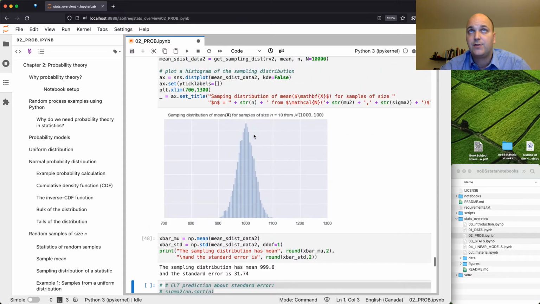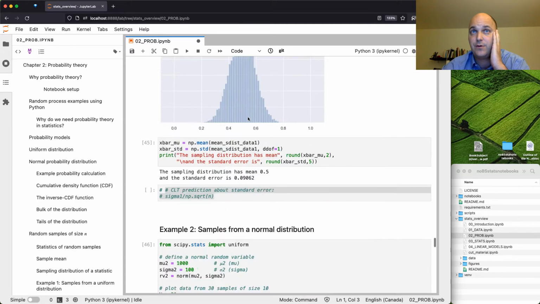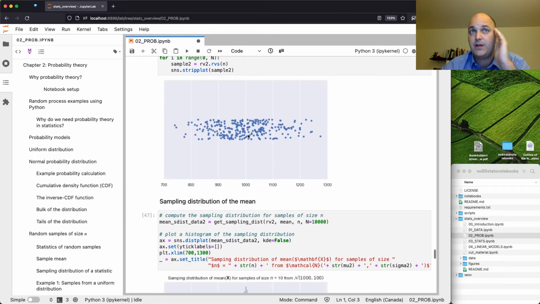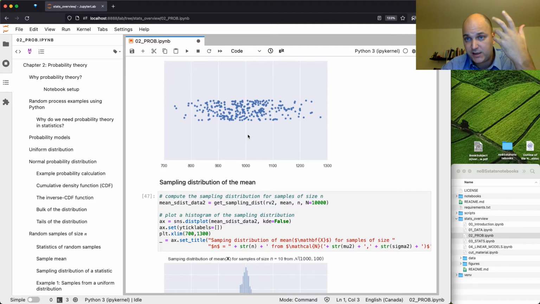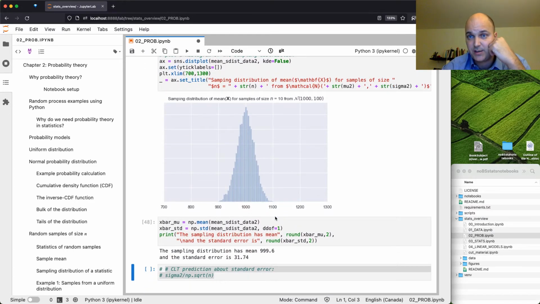Okay, so we see two different distributions, the uniform and the normal, and when we take samples of size 10 from them and compute the mean of the samples, we see a normal distribution come out. You can try that, by the way, with the exponential distribution, or any other distribution.